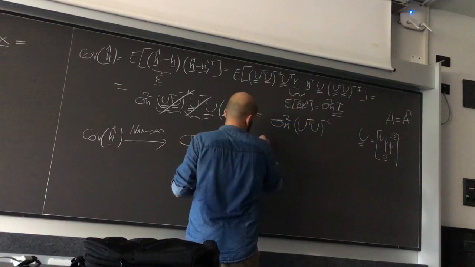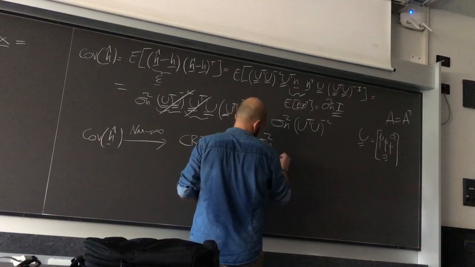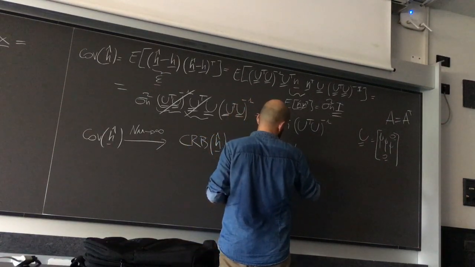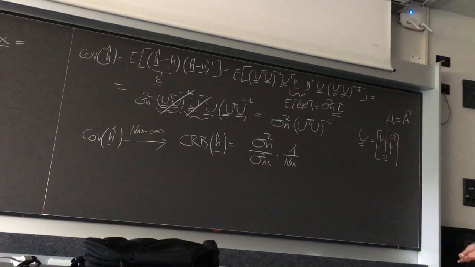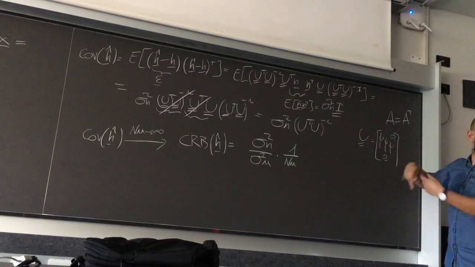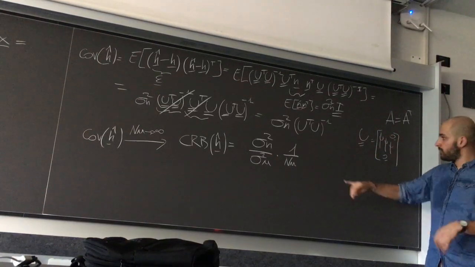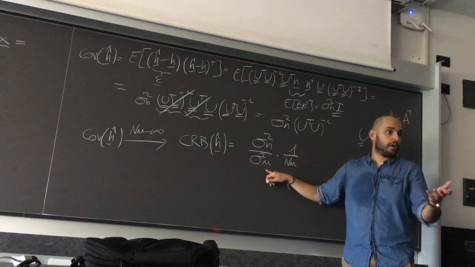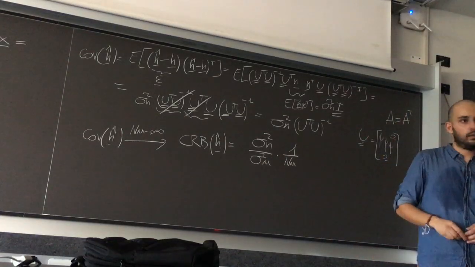This is equal to sigma n over sigma u times 1 over Nu. Intuitively, if you take a vector like this and sum up the vectors, each entry has variance sigma u, but you're summing up Nu of them, so you end up with this. It's something you can prove by yourself.